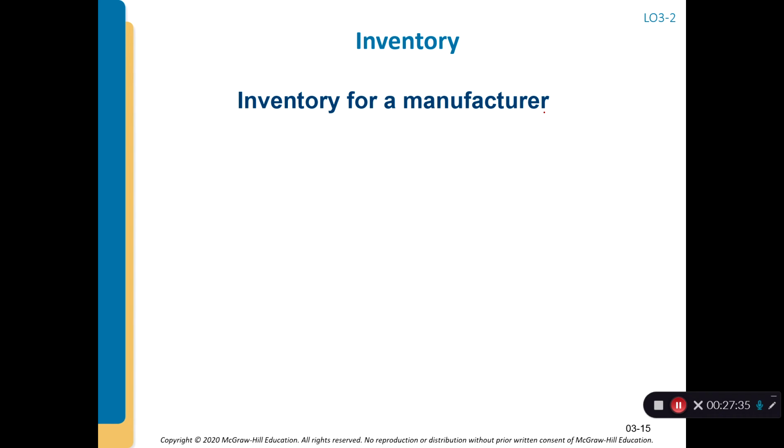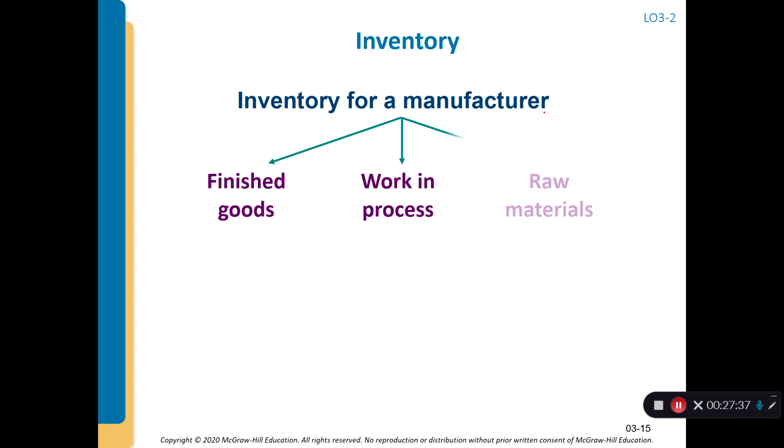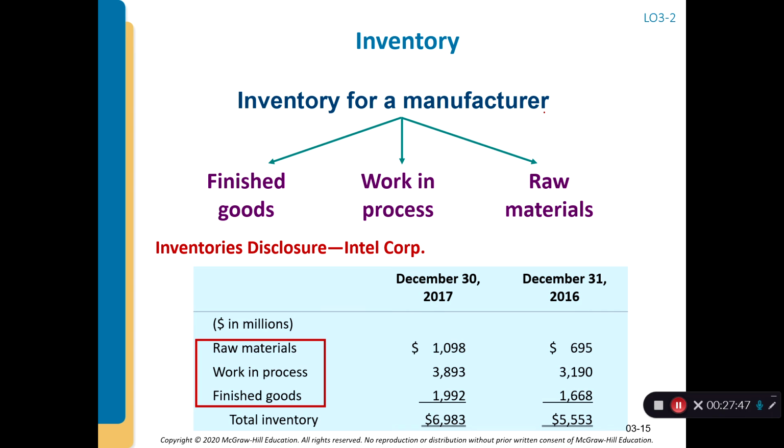Okay, inventory. Inventory usually has 3 ingredients: finished goods, work in process, and raw materials. This is pretty straightforward, right?